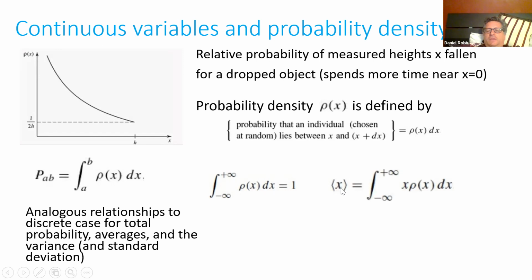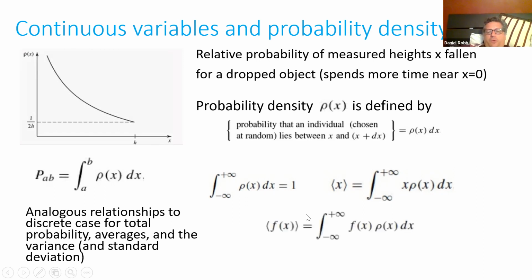The average value of x, we would take as the weighted average of each x times the probability of getting that x, which would be the probability density times the little dx that we're looking at. So this rho of x dx is the probability times the value of x, add those all up, integration, and that's going to give us the average value of x.